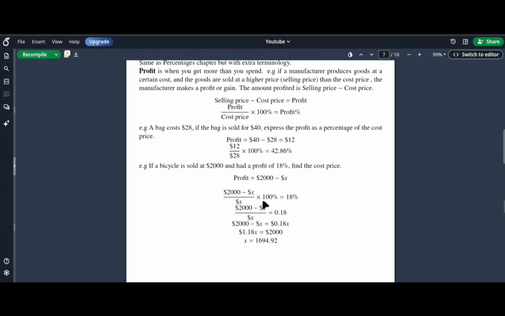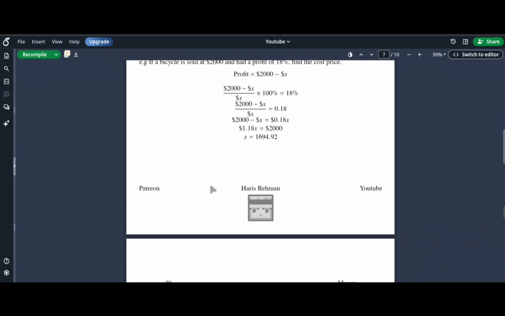So we do this equals 18%, and we do algebra, divide and multiply. This becomes 1, this becomes 0.18. Okay, just simplify this. Next we add x on both sides, we shift the x over here, so you get 1.18x and 2000.